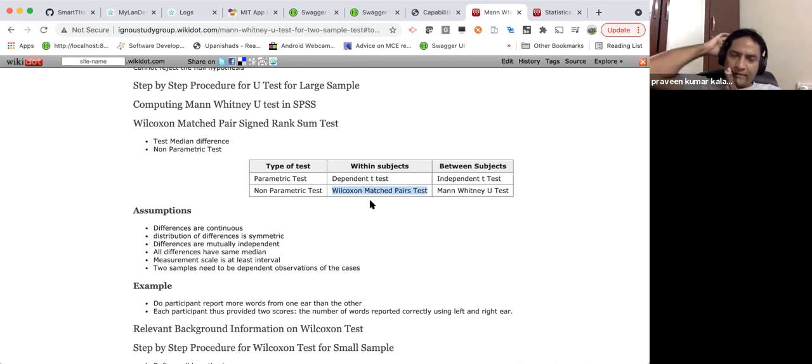Okay. So these assumptions you can blindly write. The moment you know this is a non-parametric test, you can simply write these particular assumptions. Some are pretty obvious: the distribution of differences is symmetric, differences are mutually independent, all differences have the same median, and the measurement scale is at least interval.